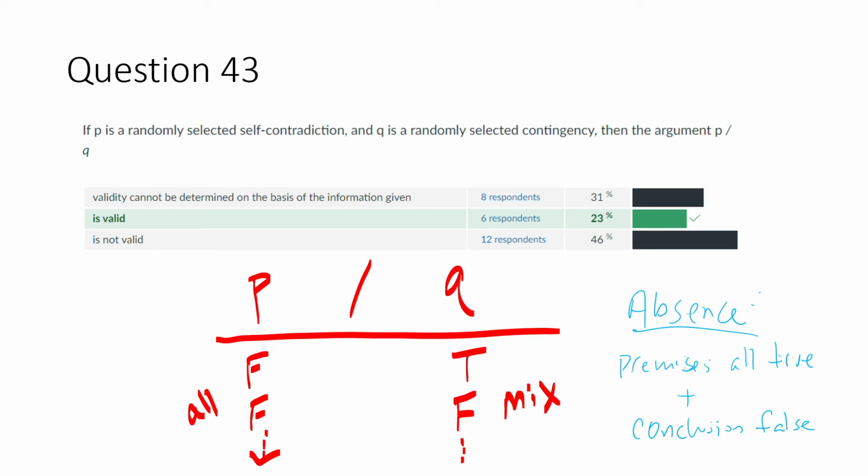As long as there are no such rows in the truth table of an argument, then that argument is valid. Even in this mocked up partial truth table, we can see that there will indeed be an absence of rows where the premises are all true and the conclusion false, granted for a technical reason, because there will be no rows where all the premises are true.